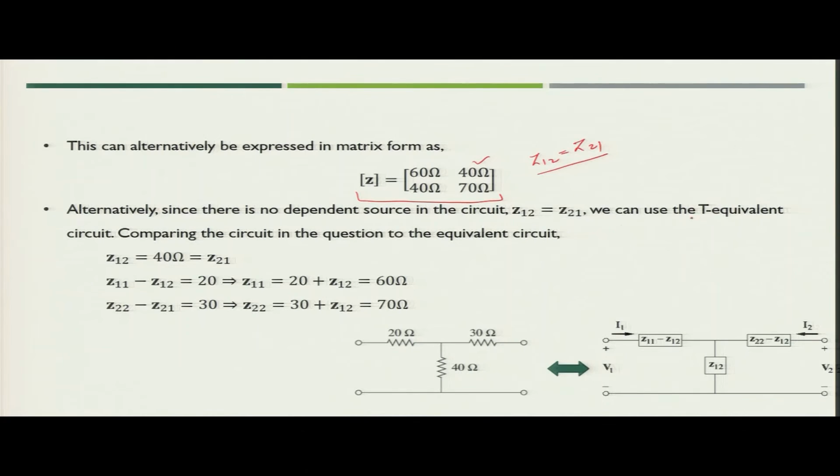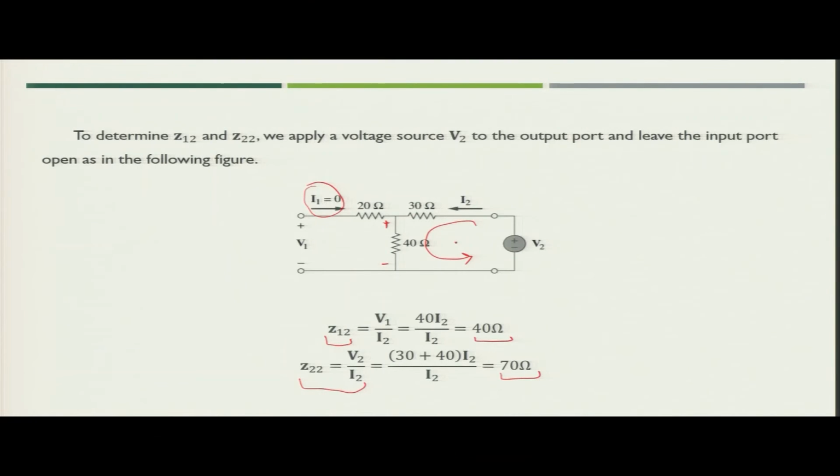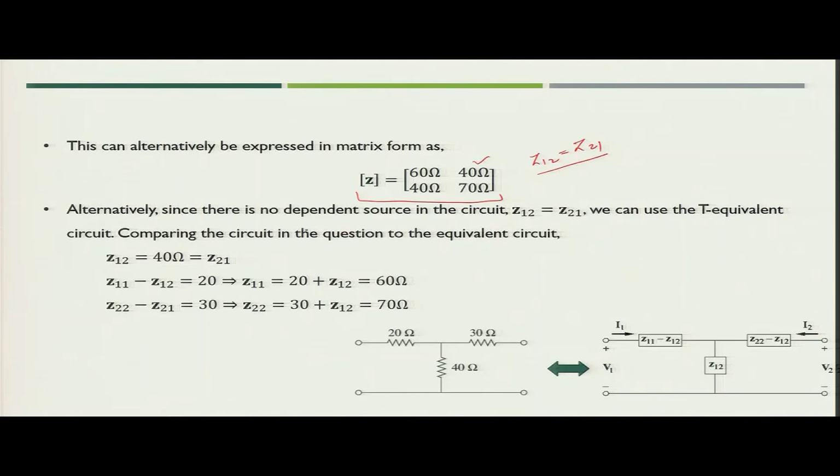It means that you can represent this circuit as T equivalent. Anyway, this circuit itself is represented as T equivalent. So, this is a reciprocal circuit, and when we compare with the T equivalent circuit with the circuit given in the example, you can easily find out the value of the Z parameters.